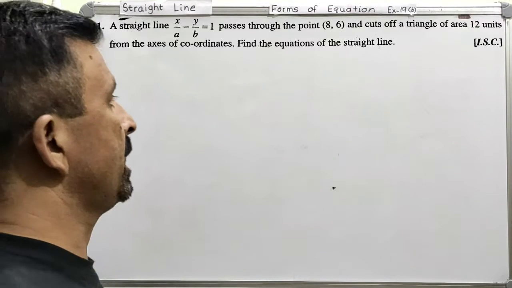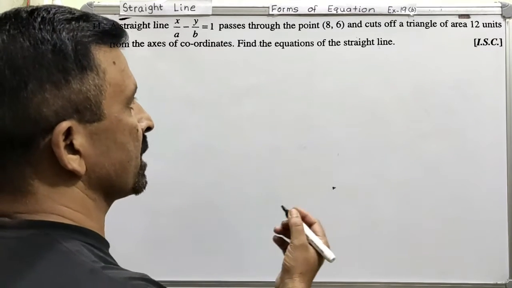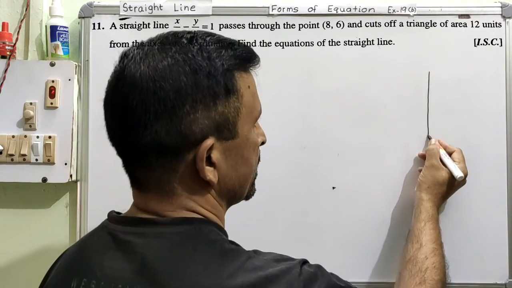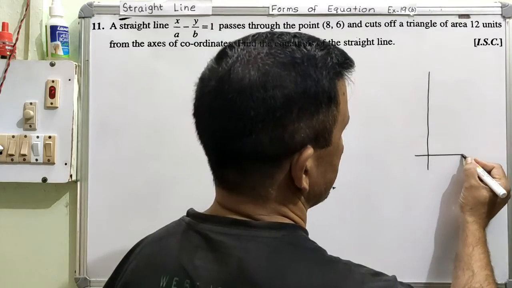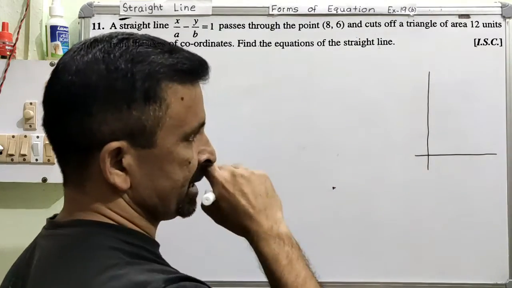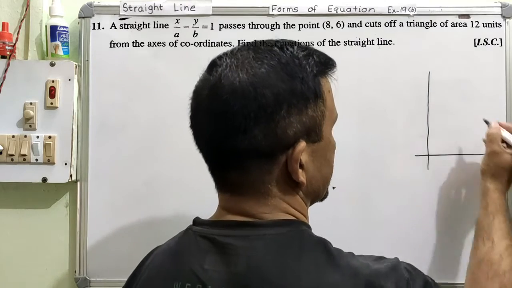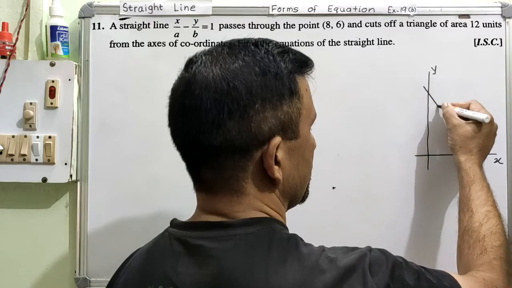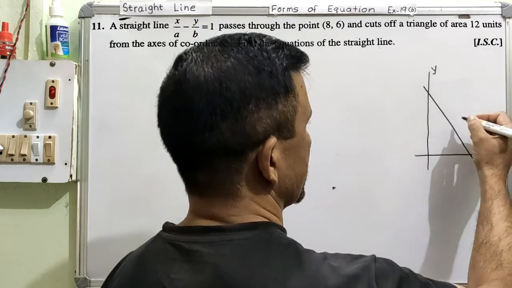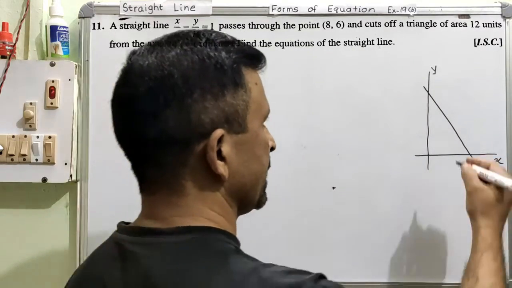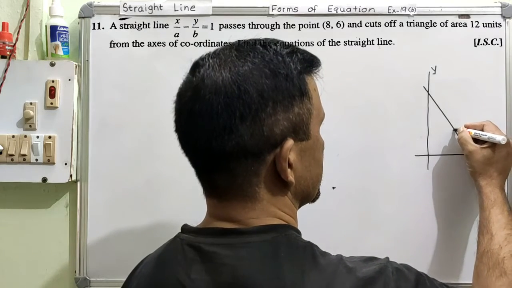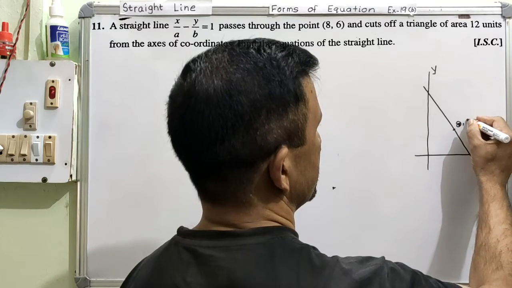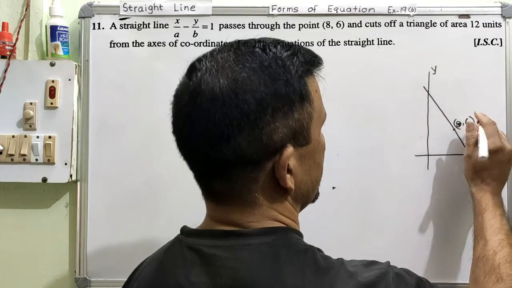So, let us begin this question. First of all, let me show you the diagram. This is the two axes. Clear? This is the x-axis and this is the y-axis. Now, this is the straight line, right, which passes through the given point 8, 6. Suppose this is the point through which it passes, 8, 6.